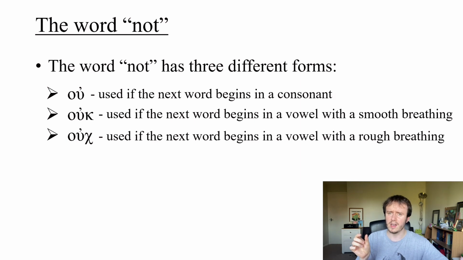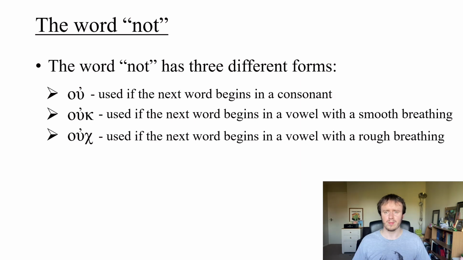And there you would get a nasty sounding and tough to pronounce combination of different vowel sounds. Whereas by sticking a consonant, either kappa or chi, on the end of ou when the next word begins in a vowel, then it both sounds nicer and is easier to pronounce than if you just had ou.